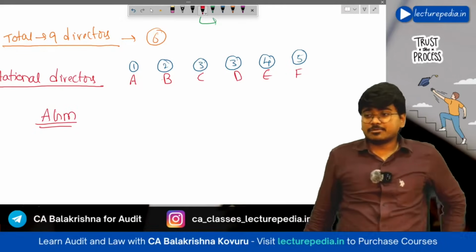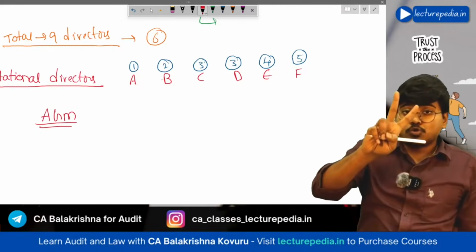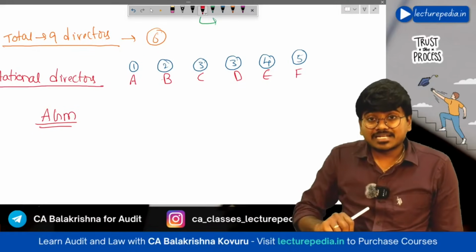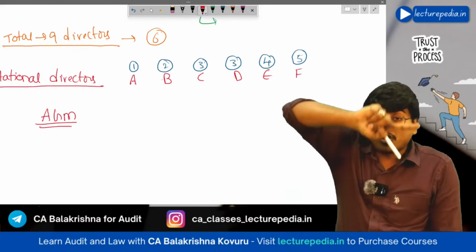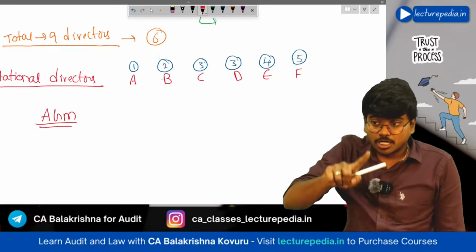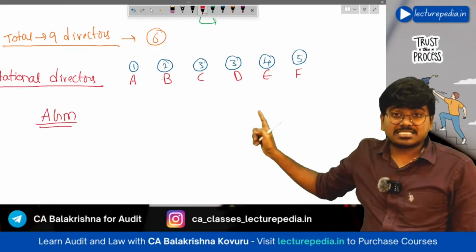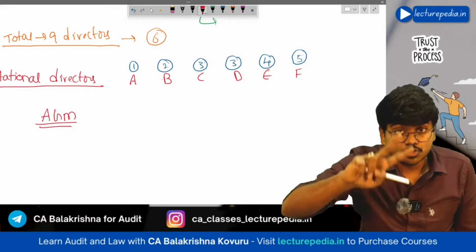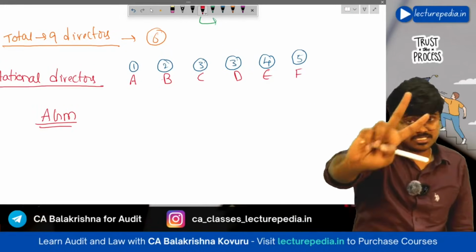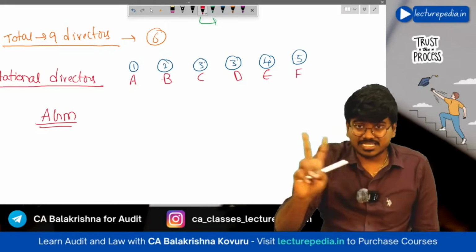In the annual general meeting, 2 directors have to retire. Why 2 directors? It is 1/3 of rotational directors who will be retiring directors, right? Now 1/3 of 6, how much will it become? 2. So in the annual general meeting, of these 6 directors, 2 directors must retire. Hope you are clear till here.